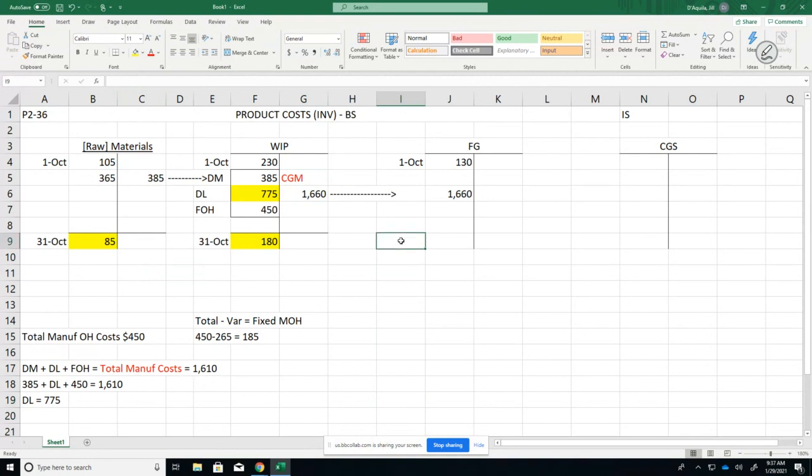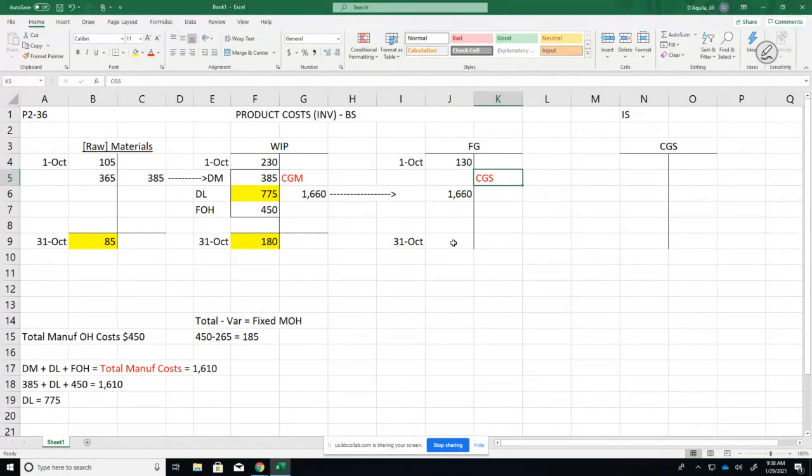We're looking for ending inventory on October 31st. What do we need for this side? What do we call it? It's going to be another key word. Cost of, it's moving over to this side. What? The cost of goods sold. Yeah, cost of goods sold. 1770? The number you said, I'm sorry? 1770 from here, right? Is that what we're using for the finished goods? So finished goods, ending inventory.